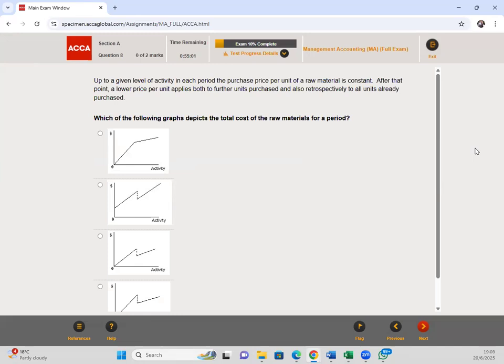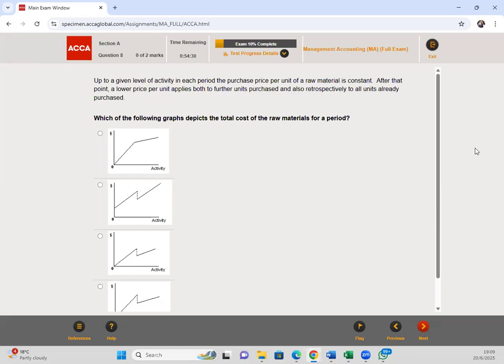We are told that up to a given level of activity in each period, the purchase price per unit of raw material is constant. So it's not changing. Remember, material cost is a variable cost, and variable cost per unit normally does not change. So that is what they're telling us.